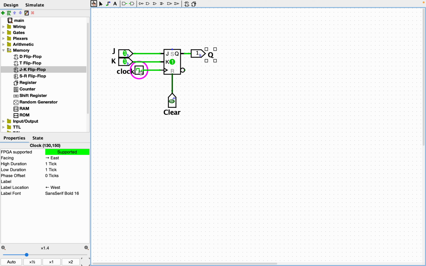And then we can also see there's a clear button, and I'll come back to that. So we'll change that back to 1.